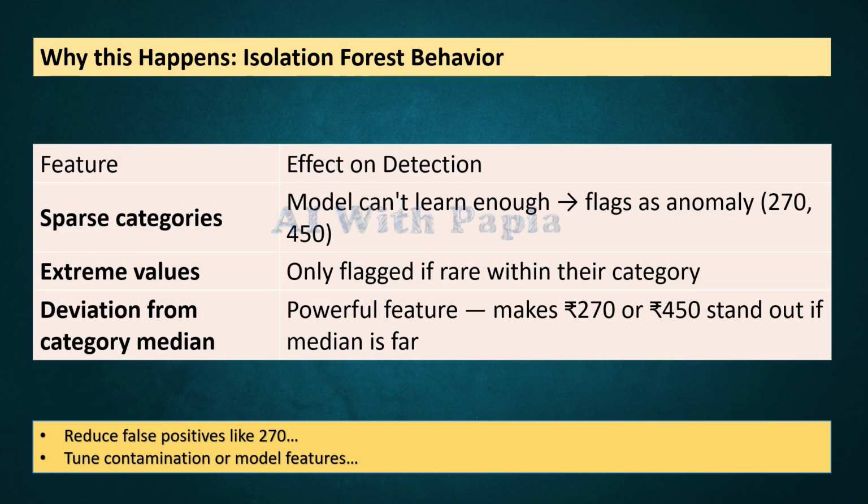Now why did this happen? Isolation forest behavior: sparse categories, extreme values, deviation from category median. If there is a false positive like 270, we can reduce it by further coding and fine tuning, and we can tune the contamination and model features.